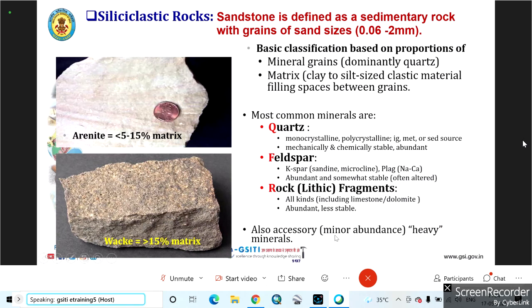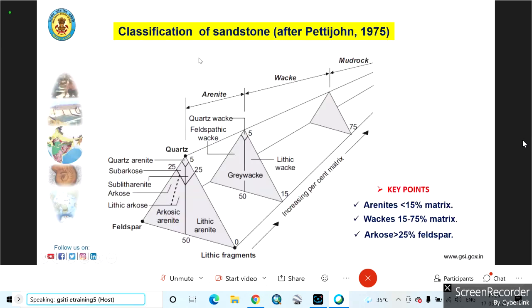So here, this is the classification that is the most accepted and convincing, given by Pettijohn. In this diagram, you see that there are mainly two criteria. One is the grains, that is quartz, feldspar, and lithic fragments. The other criterion is the percentage of the matrix.